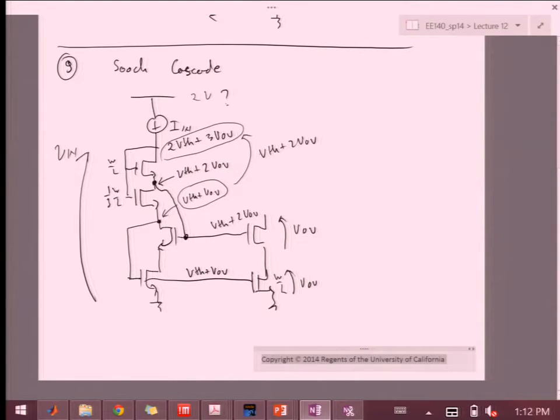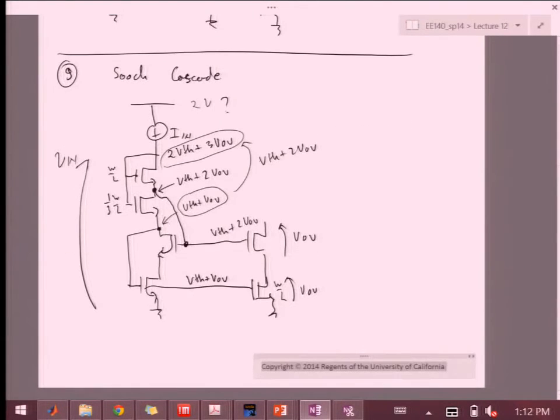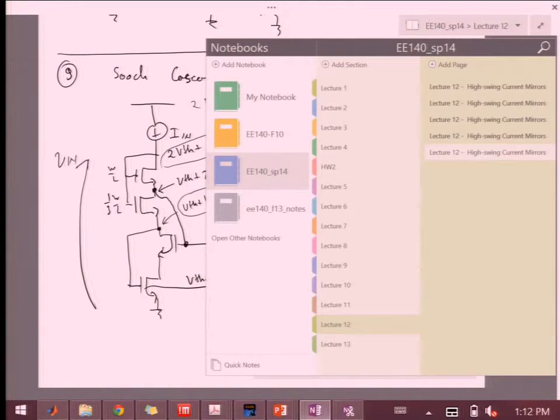That was the primary goal. All the properties of the cascode remain here, so the systematic gain is 0, the output is gm ro squared, etc. And you had the opportunity in the homework to do even one more stage of adding, so I'm not going to spend too much time on this.